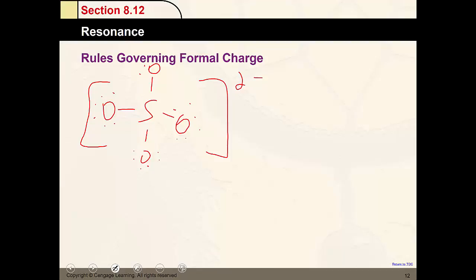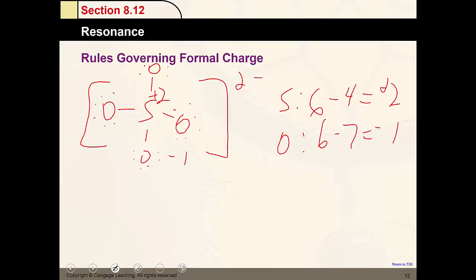So in this case, sulfur has 6 valence electrons, it only has 4 bonds, so 4 electrons, it would have a formal charge of +2. So we want formal charges as close to 0 as possible, and if you look at each oxygen, it has 7 electrons, so 6 minus 7, each one would have a formal charge of -1. So none of these would have formal charges of 0, so that is not favorable.